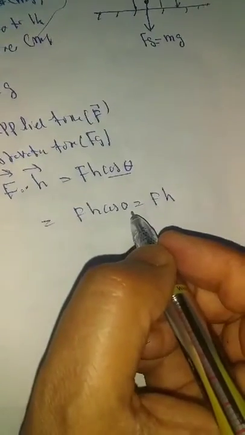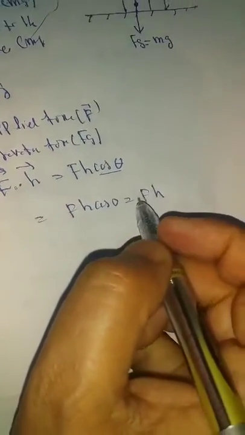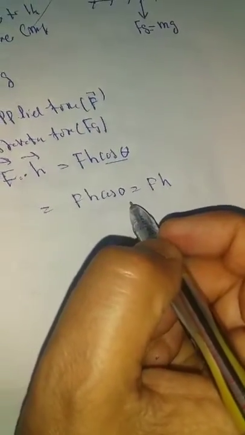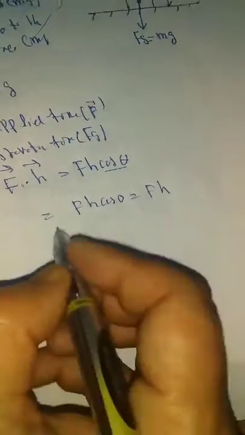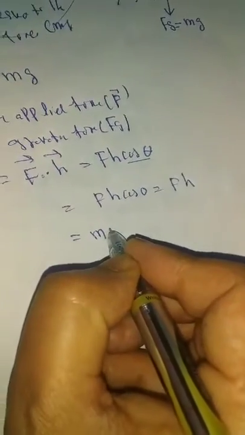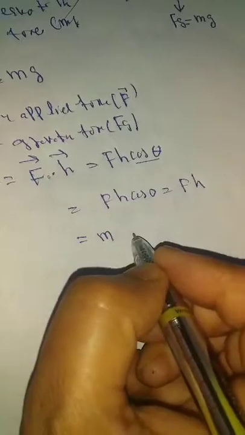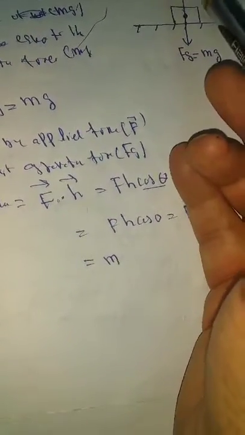But what is force equal to? Force is equal to ma, mass into acceleration. Here the value of a, when we raise any body above the surface, is equal to g.